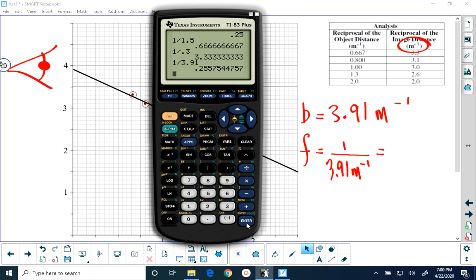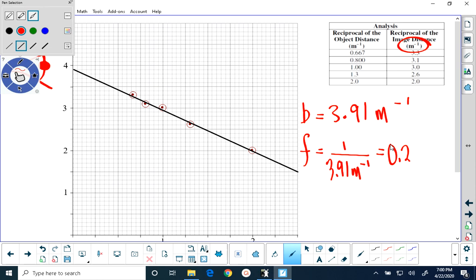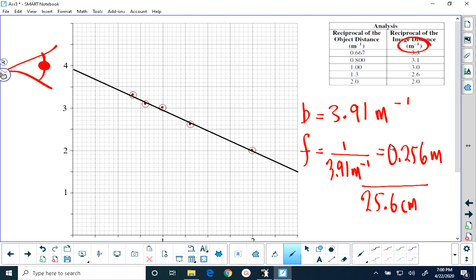And I get 0.256, which means my focal length is 0.256 meters. If you wanted to, you could express it in maybe centimeters to give a better appearance to it. So the focal length of the mirror in this question is 25.6 centimeters.